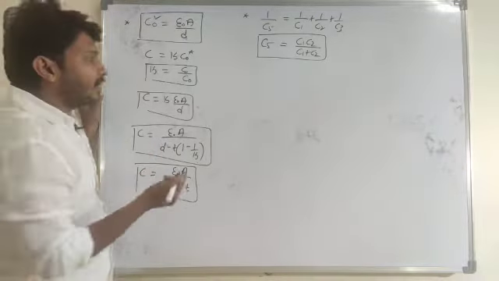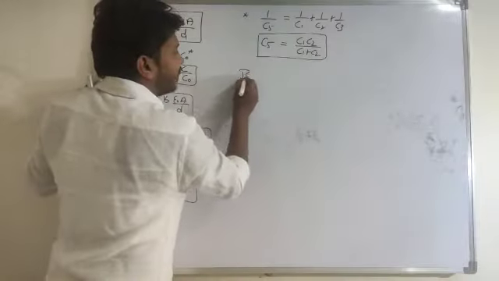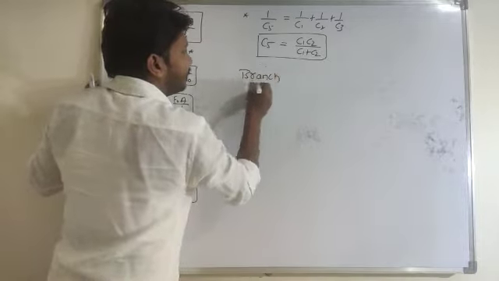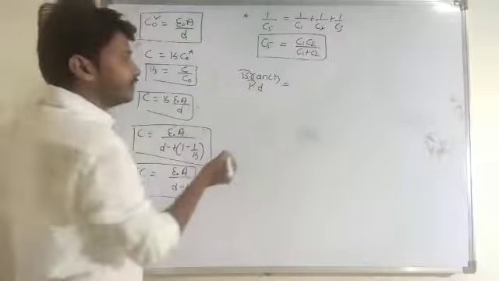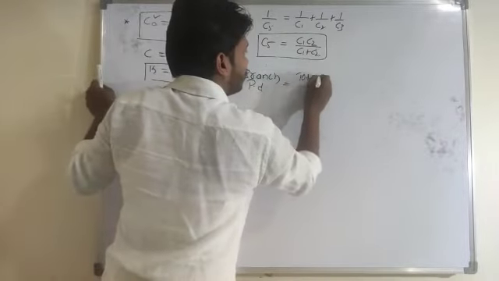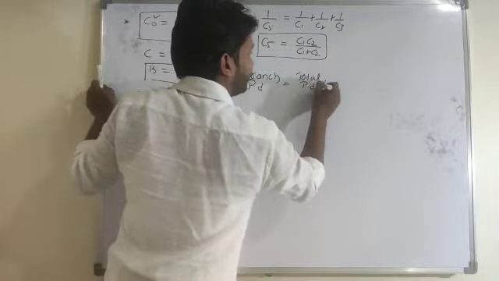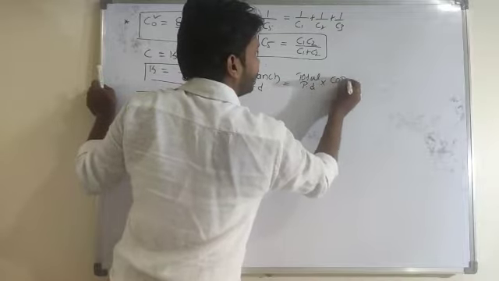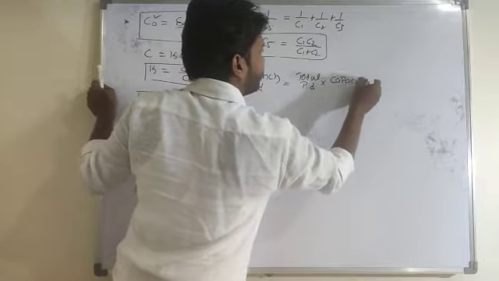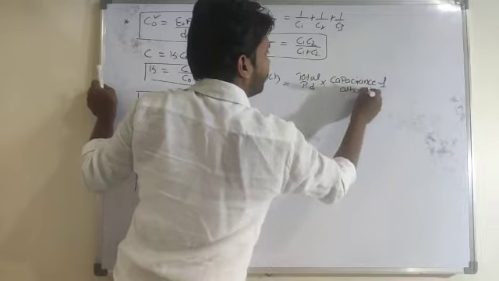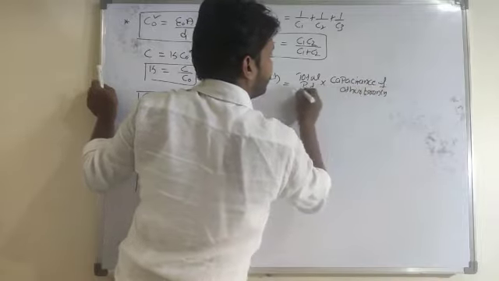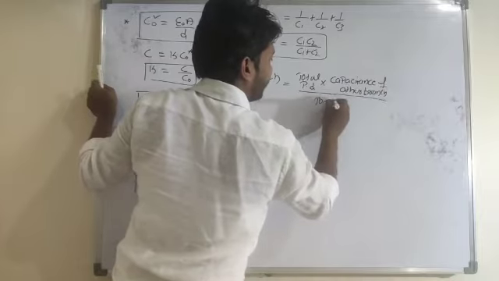Now I have the formula to determine the branch potential difference. What is the connecting formula? The potential difference across a branch is the total potential difference into the capacitance of the other branch, divided by the total capacitance.